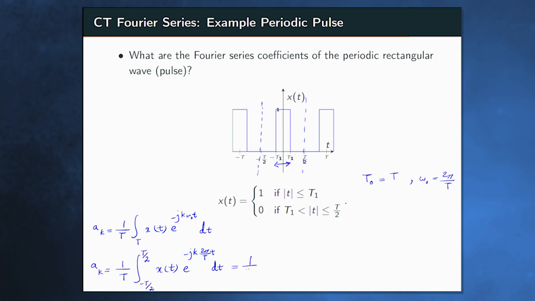So it's going to be 1 over T integral between negative T1 and T1. It's a real signal. 1 multiplied by e to the minus j k 2 pi over T multiplied by t dt. All right, let's evaluate this integral.